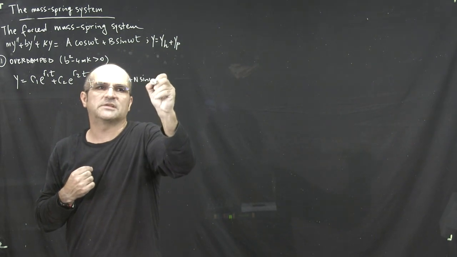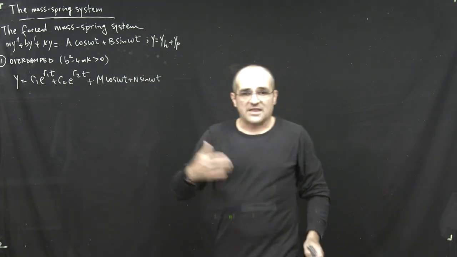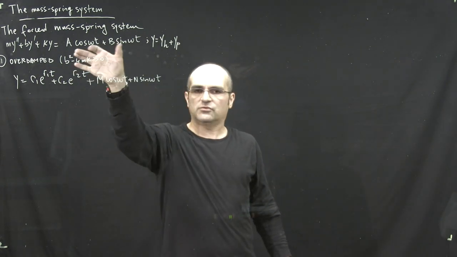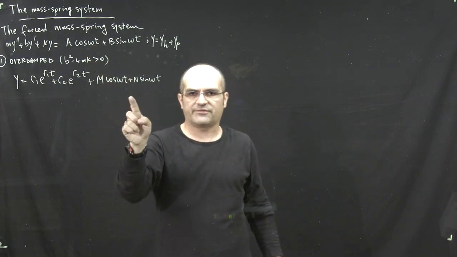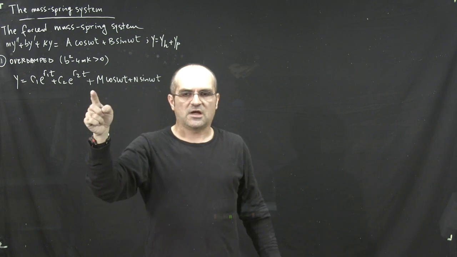Again, pause for a moment and remember how we actually found this particular solution. Via the method of undetermined coefficients, we take a format similar to the right-hand side and we solve for the coefficients. So similar, but maybe different constants.